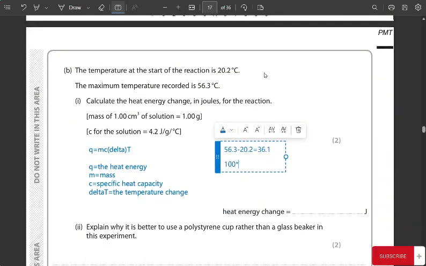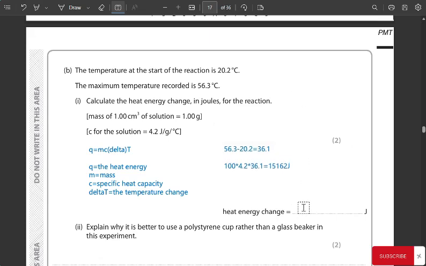Okay, 100 multiplied by the specific heat capacity, which is 4.2 joules per gram per Celsius, and the temperature change is equal to 36.1, and the total energy that came out is equal to 15,162 joules. And the final answer is also like this, 15,162 joules.